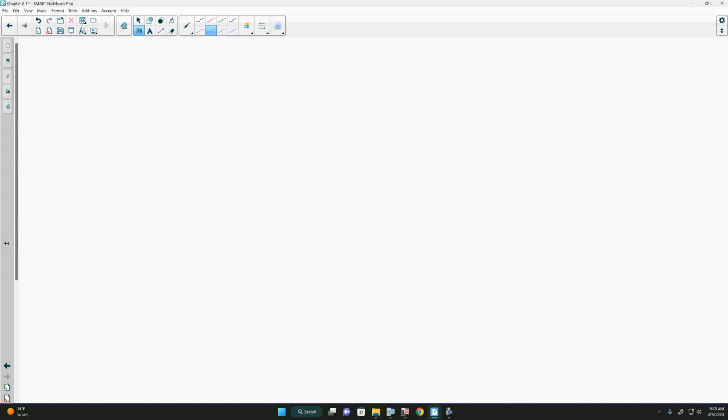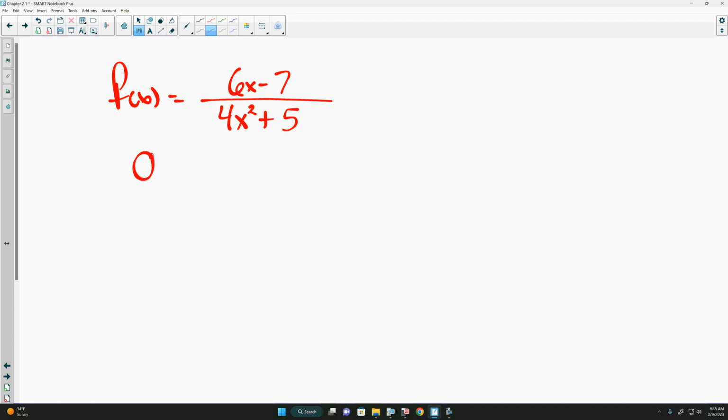Now, one of the things I will say, if we do have, I'll write this in, rational functions, if we're looking for zeros, if we're looking for x-intercepts, because we're trying to see when this function here becomes 0, yes?